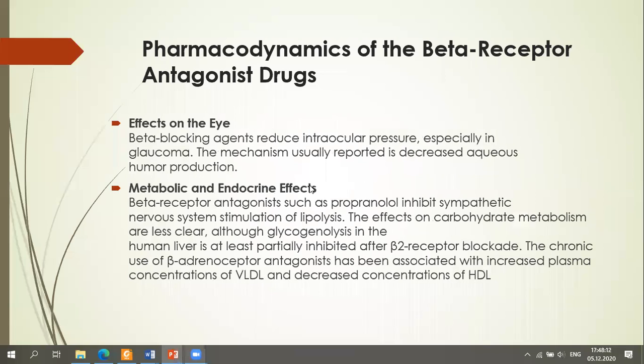So let's continue then. Effects on the eye. So what happens with the eye? Here is an important disease related to the eye. Beta blocking agents reduce intraocular pressure, especially in glaucoma.